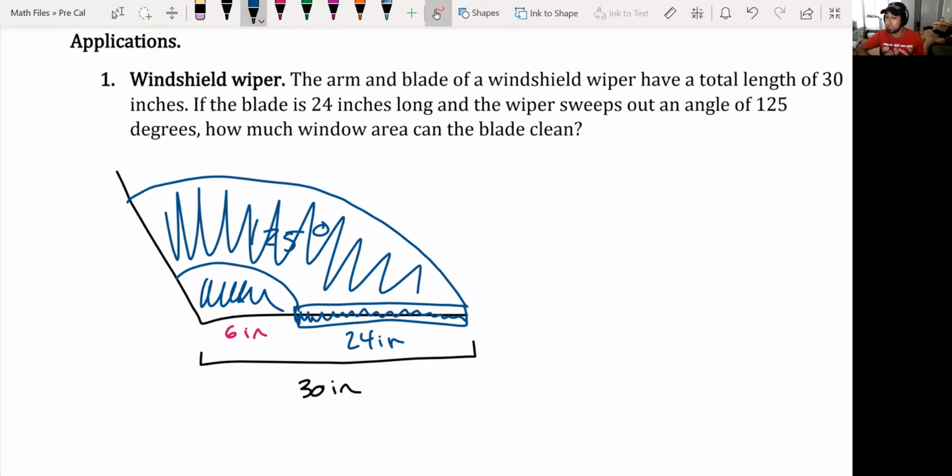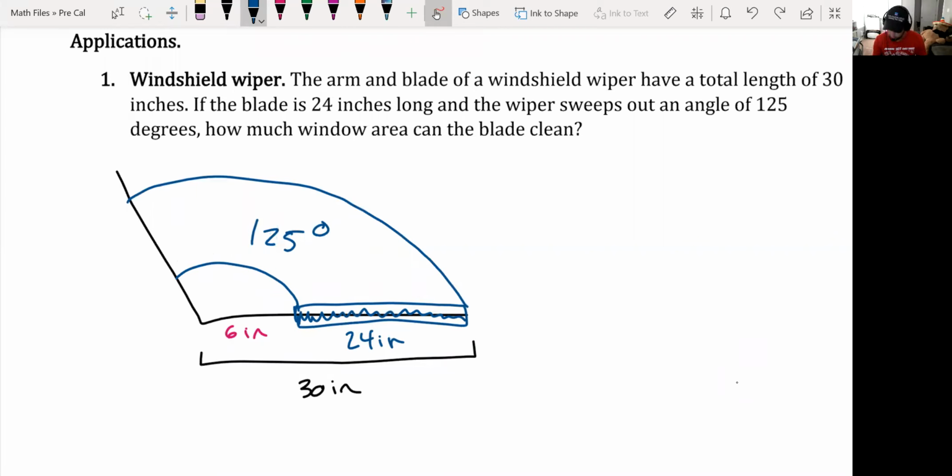So you have an uncleaned area. All right. Let me erase that. Okay. So this means that we will have A equals 1/2 R squared theta. All right.